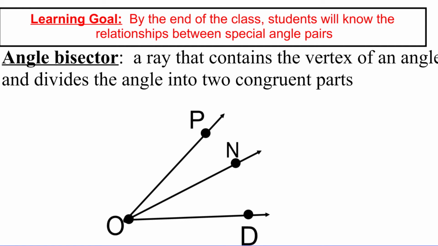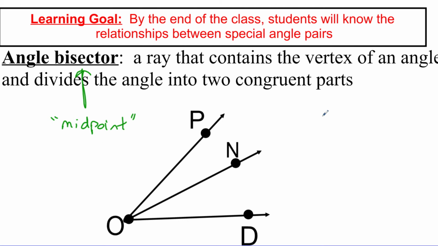An angle bisector is a ray that contains the vertex of an angle and divides that angle into two congruent parts. So I'm just going to get right into this and say this is really the midpoint. It's not really midpoint because midpoints are for line segments, but it's the midpoint version for angles.